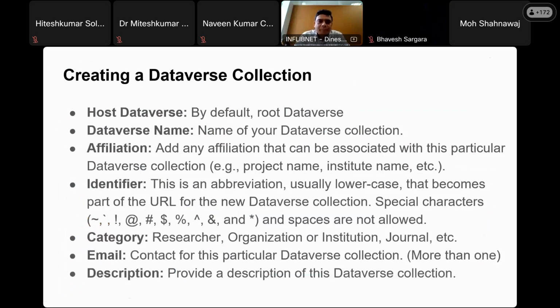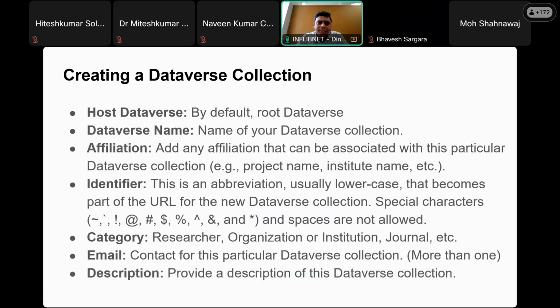So how do you create a dataverse? Those are created under the main dataverse, which is the National Research Data Repository. Under that collection, you can have your specific institution's name, like university name, college name, or research institution's name.